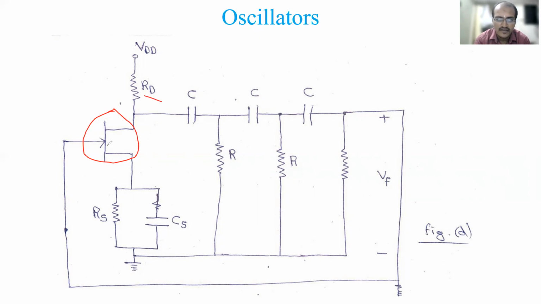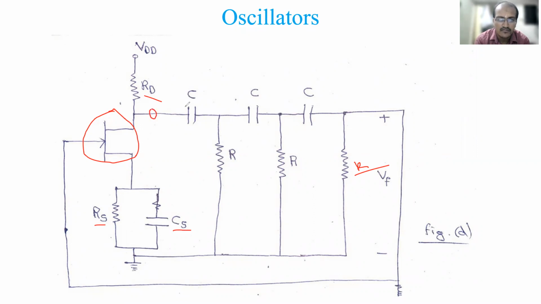Sometimes the input side resistor is not connected, because this resistor will sometimes act as a load here. RG is not written, so in your notes you have to write that down. This is RD, this is the amplifier, and at the source side you have RS, bypassed with the bypass capacitor CS, connected to ground, and this is the output now.